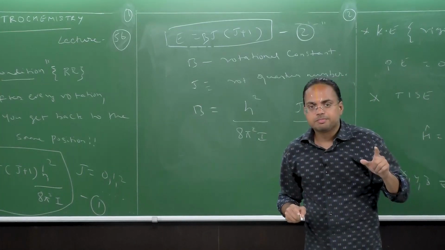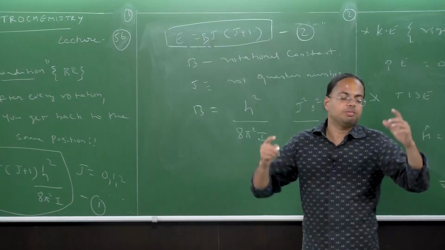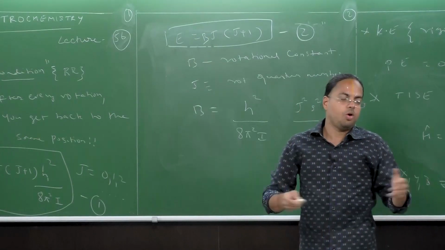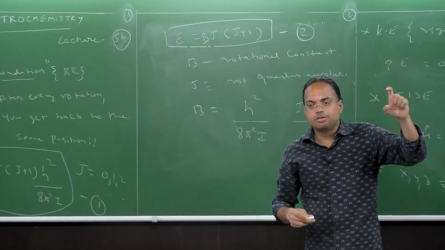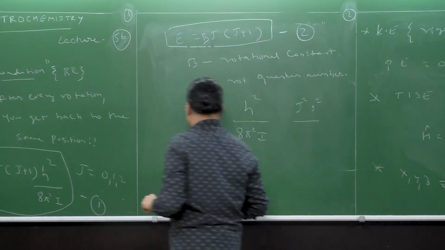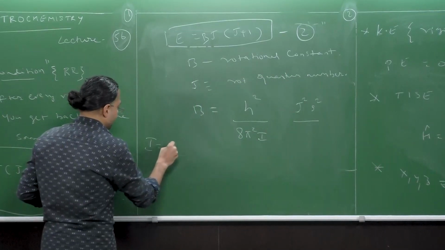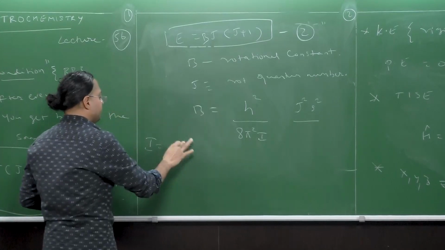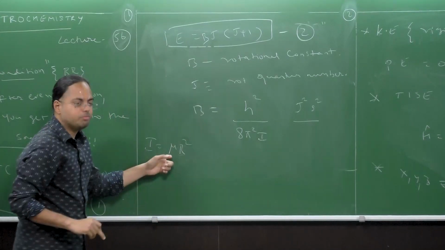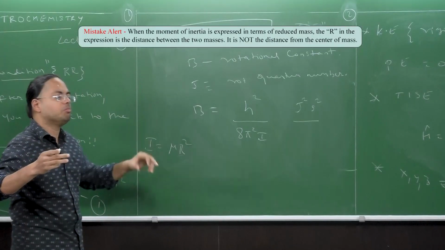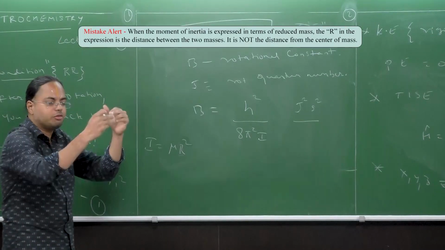Do you remember, from any expression, tau equals I alpha, L equals I omega, or the generic formula I equals mu r square? So the moment of inertia for a two-body system is mu r square, where mu is the reduced mass, and r is the effective distance from any of these bodies to the center of mass.